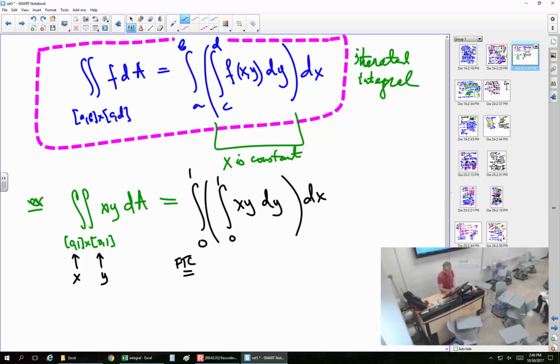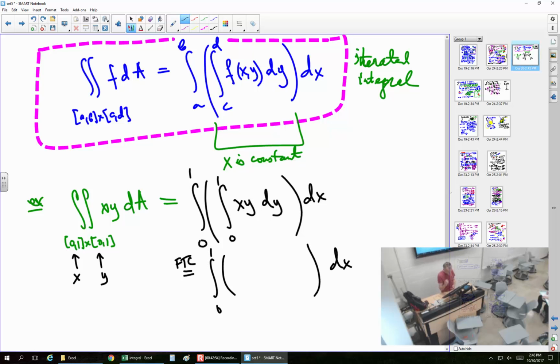So, okay, what do I do first? We integrate. I take care of the inside of the parentheses first. Naturally.